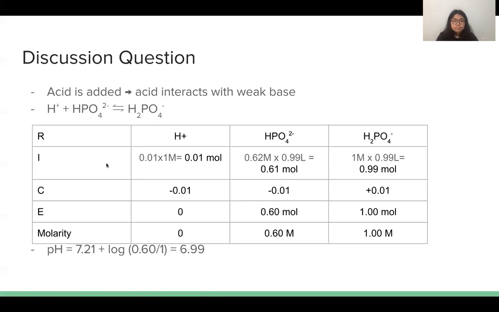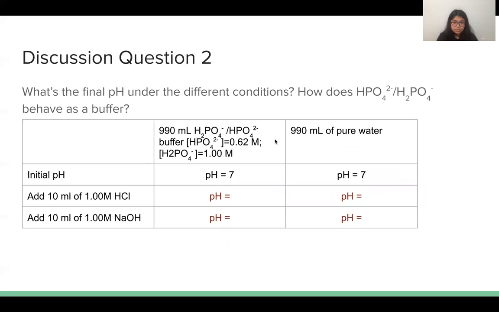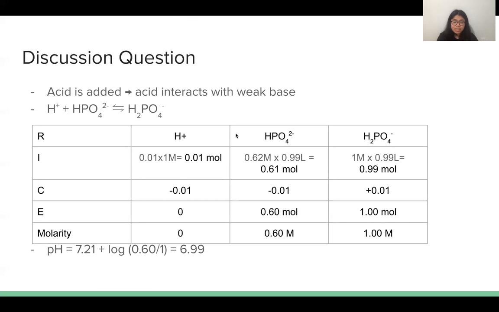So we do a RICE table and we find our initial conditions. We want to look at our moles first, because we want to know what happens to the moles in our reaction. So we take our initial conditions from this slide right here and plug them in accordingly.